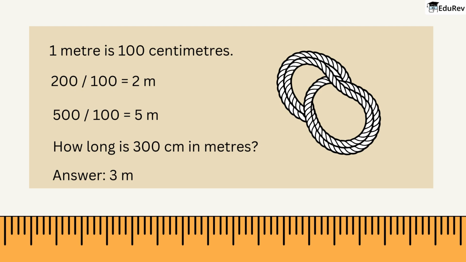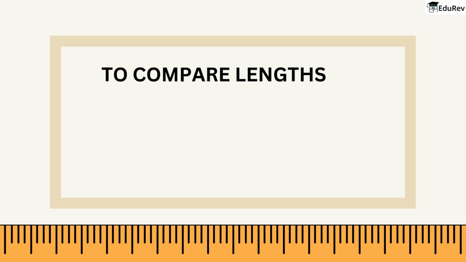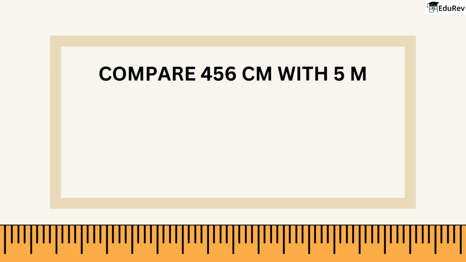Now that we know how to convert units, we can compare different lengths. When comparing, we need to use the symbols. This means less than. This means greater than. This means equal to. For example, let's compare 456 centimeters with 5 meters.